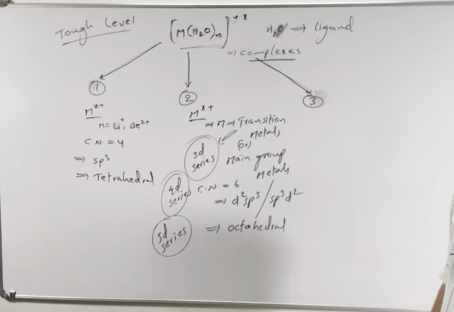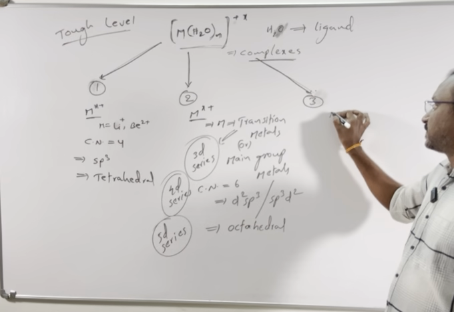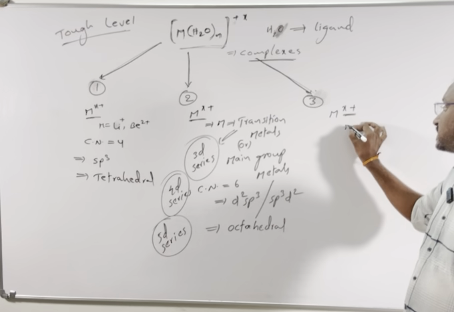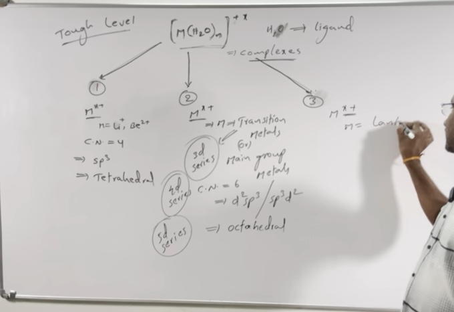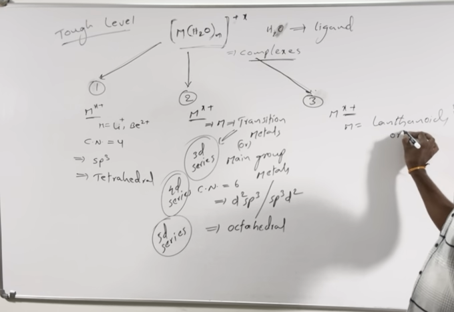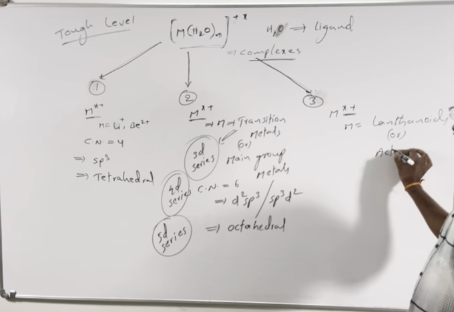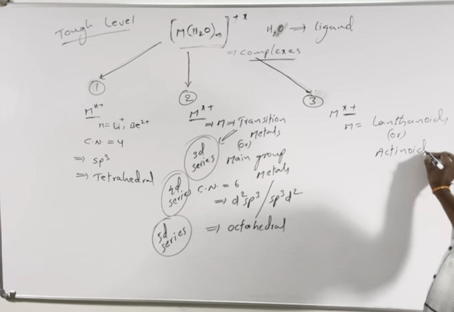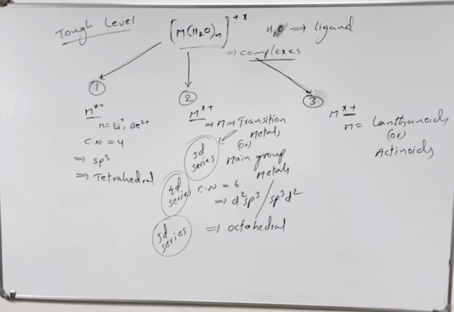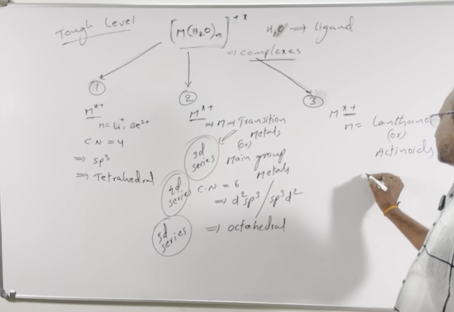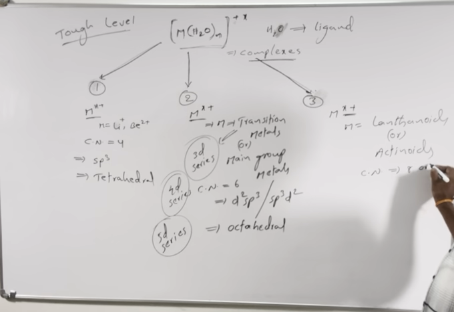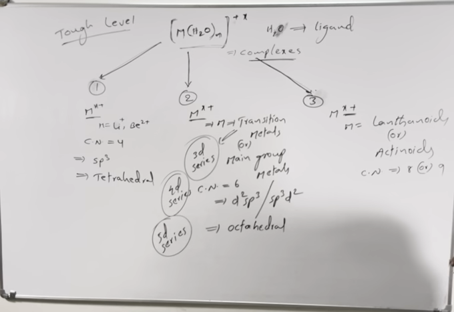And the next one is M x plus, where M is either a lanthanoid or an actinoid. Definitely, the coordination number may be 8 or 9.